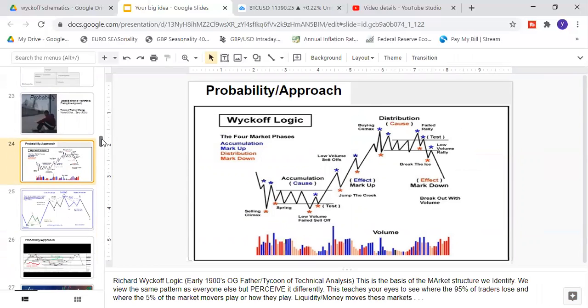So probability, or your approach, right? When it comes to these different approaches or trading styles, I just want to express that they're all teaching you to take advantage of patterns, right? Because if you can identify at which point you're in within a particular price action pattern, more than likely you can predict the next move, right?